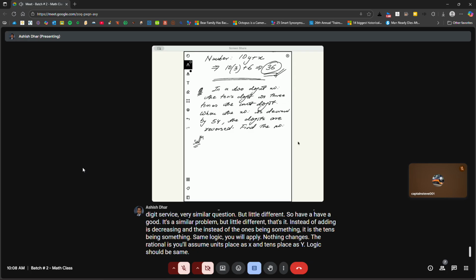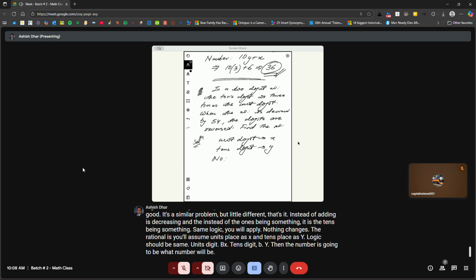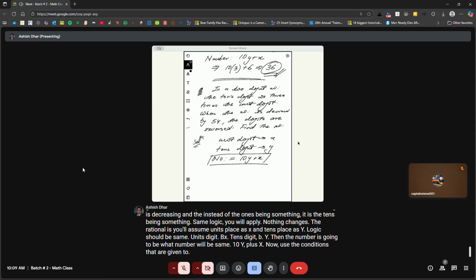Then the number is going to be what? Same as before, 10y plus x. Now use the conditions that are given to you. Solve.